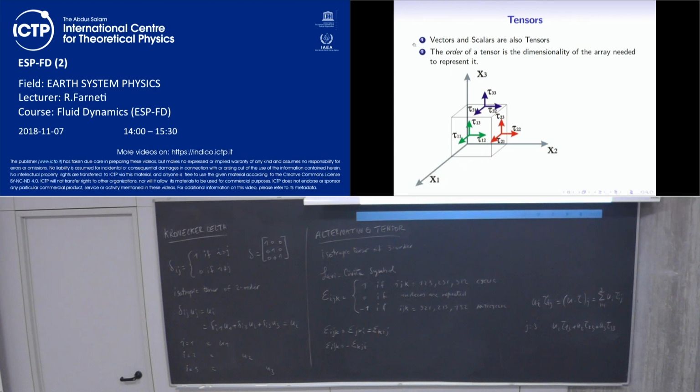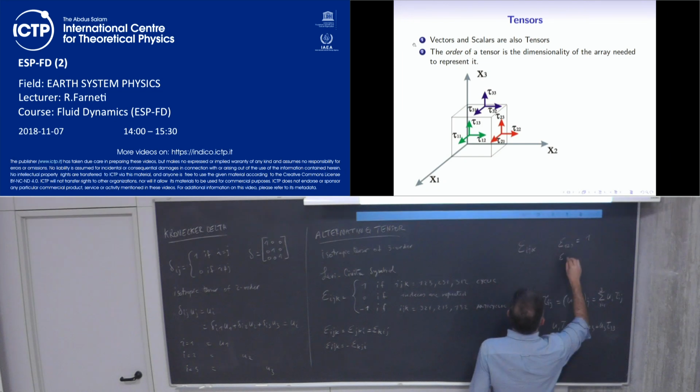Professor, I'm not good with the fact that you say it is cyclic and anticyclic. So the indices have to be cyclic or anticyclic. So you have the alternating tensor epsilon ijk. Okay, this is my alternating tensor. So if I have epsilon 1, 2, 3, what is this equal to? 1.